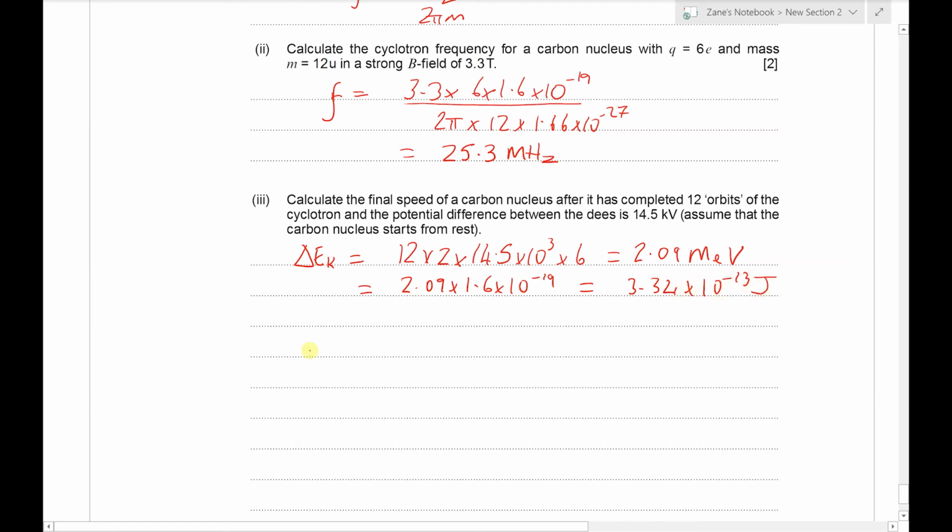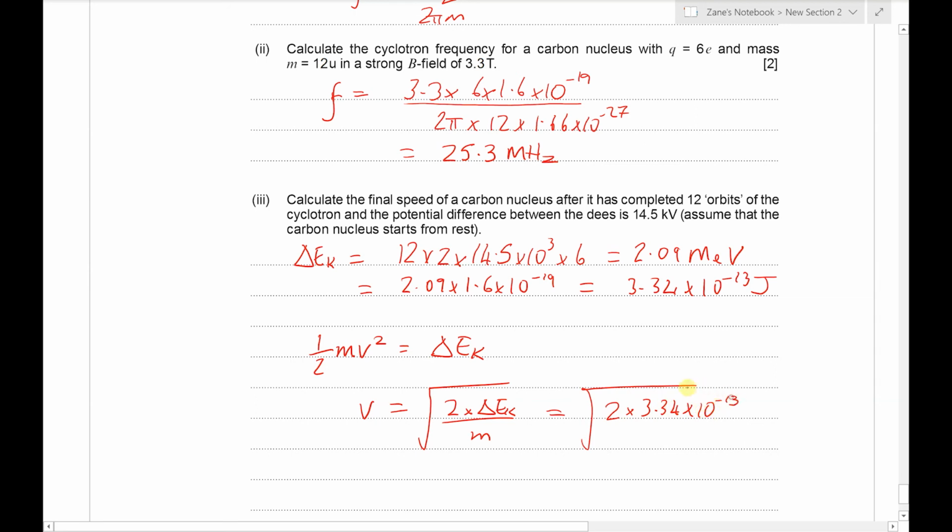And then finally we're going to use the kinetic energy formula. Half mv squared is the gain of kinetic energy, so v will be the square root of 2 times the gain of kinetic energy over the mass. So we have the square root of 2 times 3.34 times 10 to the minus 13 over the mass of 12 u again.